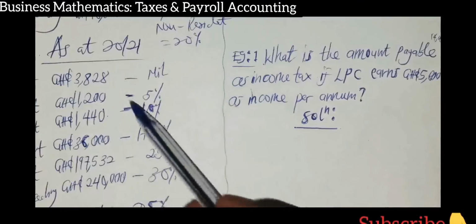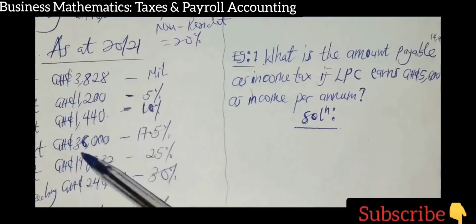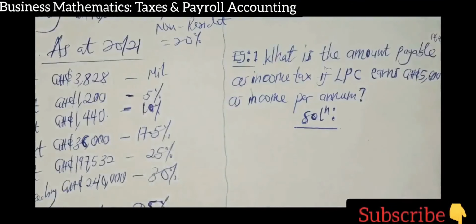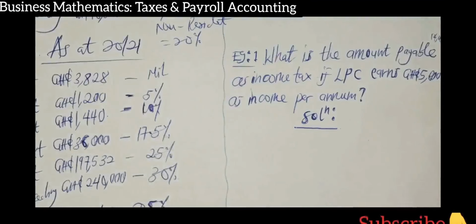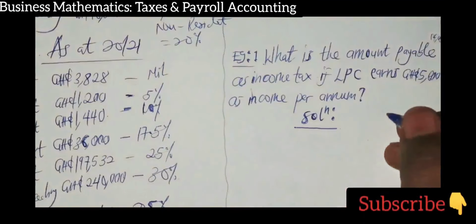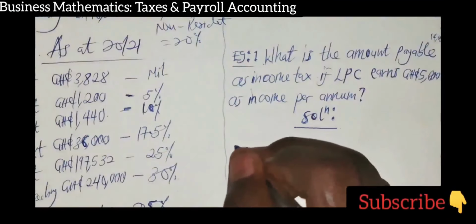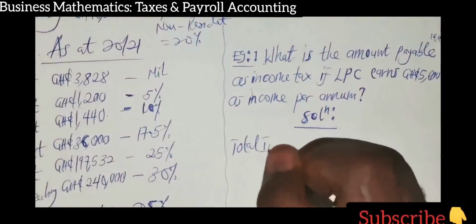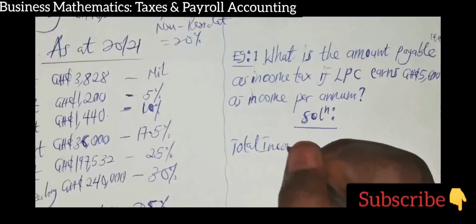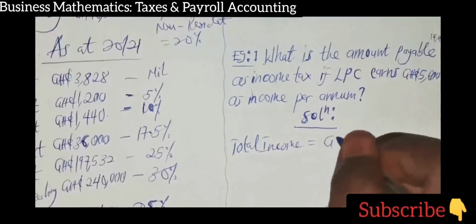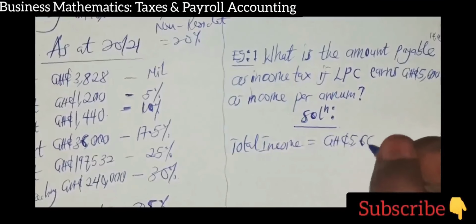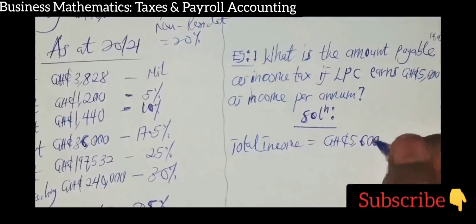Knowing the chargeable income bands here, we can easily go by it. Our total income per annum is equal to 5,600.